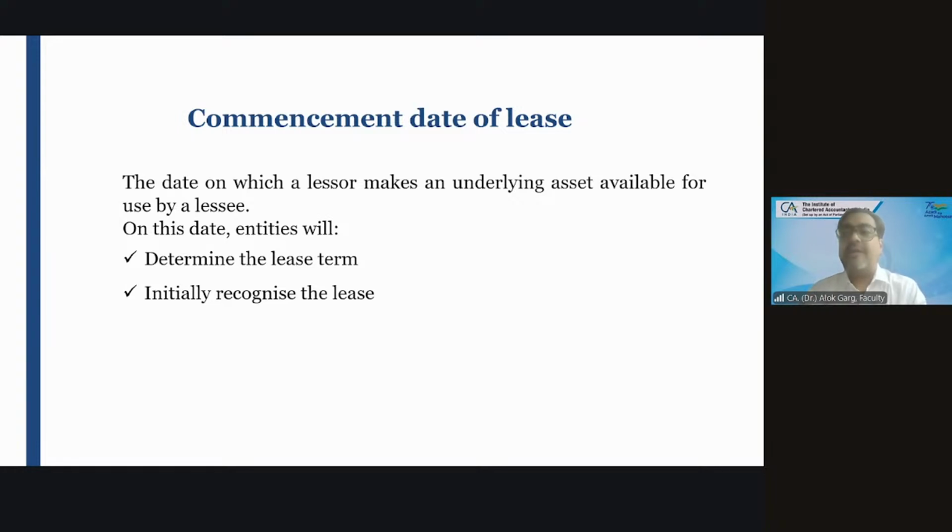DLF Limited is a real estate company. DLF told them the space will be available, because this property is under construction. We have already started the booking and this space will be available after 1 year, that is on 1st April 2025.